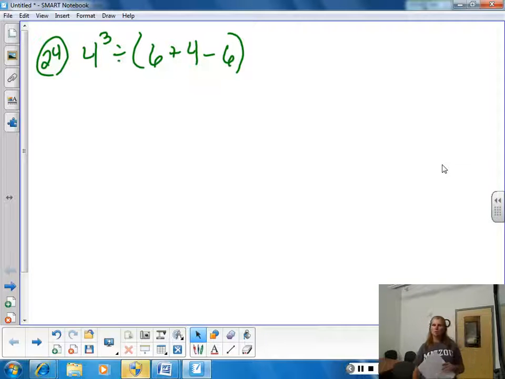Well, inside the parentheses first, and inside the parentheses the addition comes before the subtraction, so we're going to do the addition first.